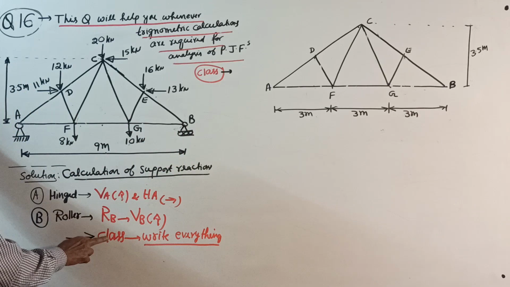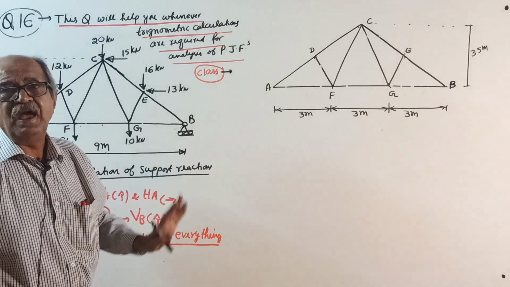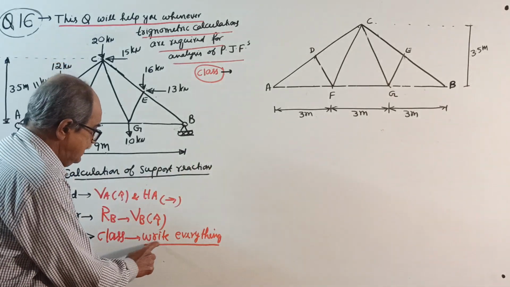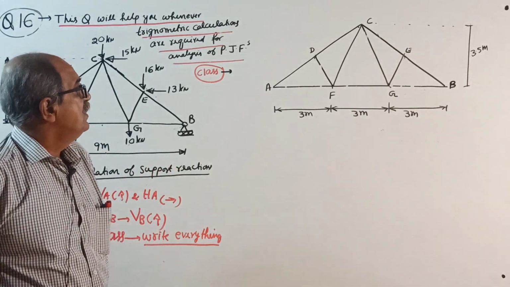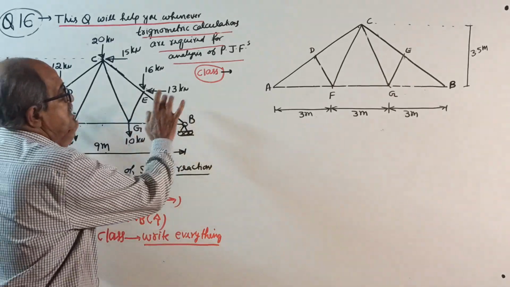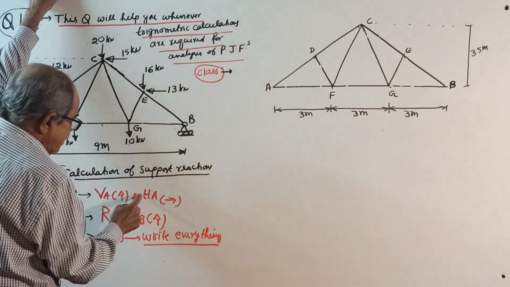Okay, wait, now class. Now we have to go for support reactions. Write everything I am going to tell now, those who are serious. We will put one more sketch here, where we mark the reactions we assumed.